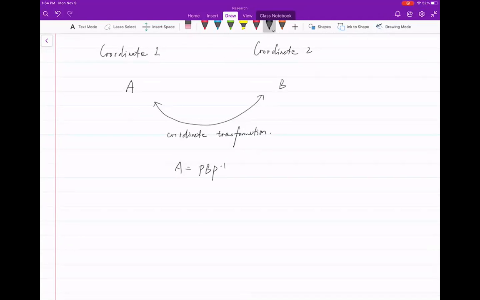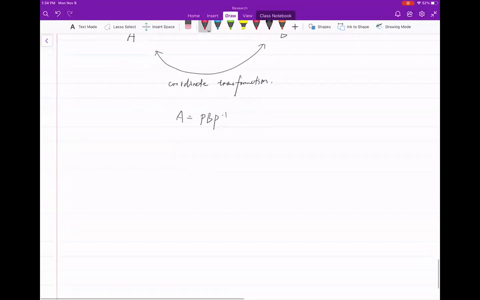Okay? Now question, if two systems with different matrices, different numbers, describe the same system, no matter which system you pick, a sink should still be a sink, right? And the source should still be a source, and vice versa.